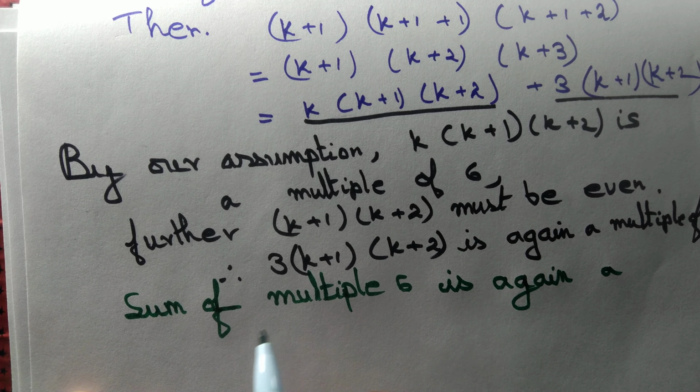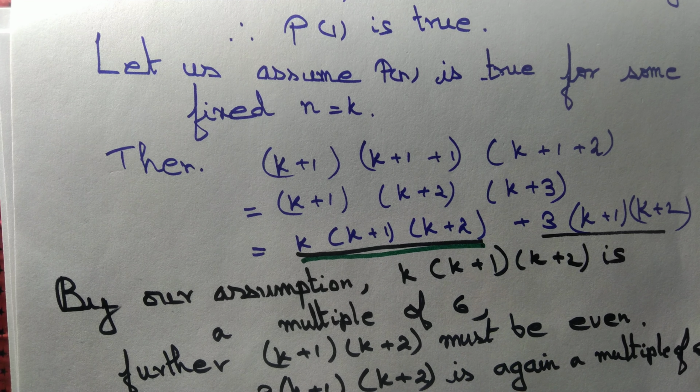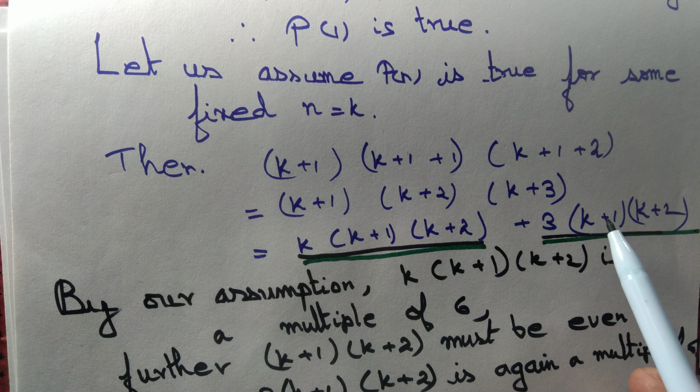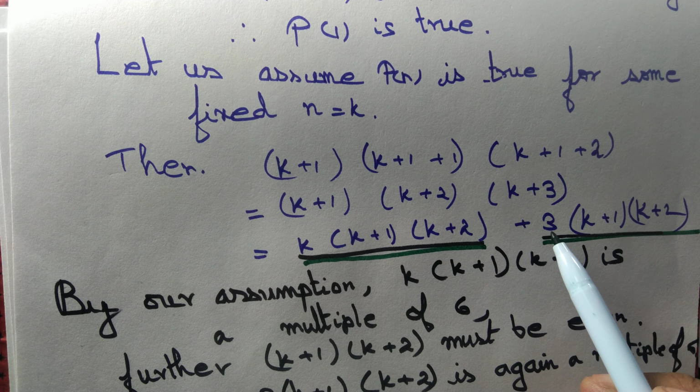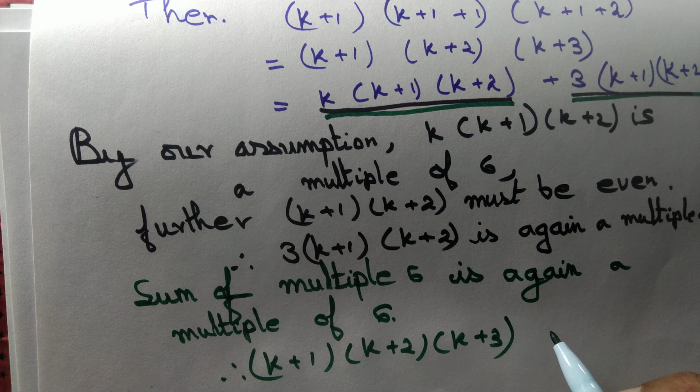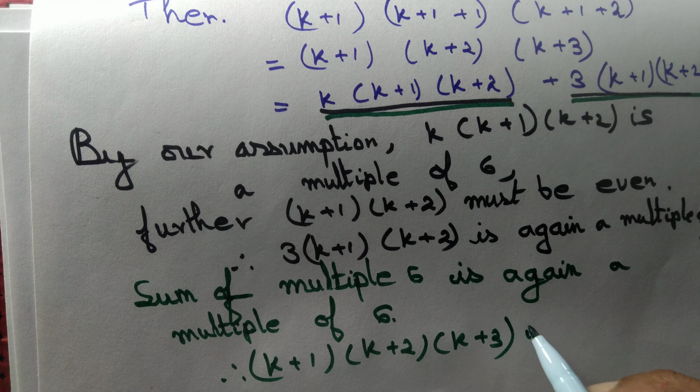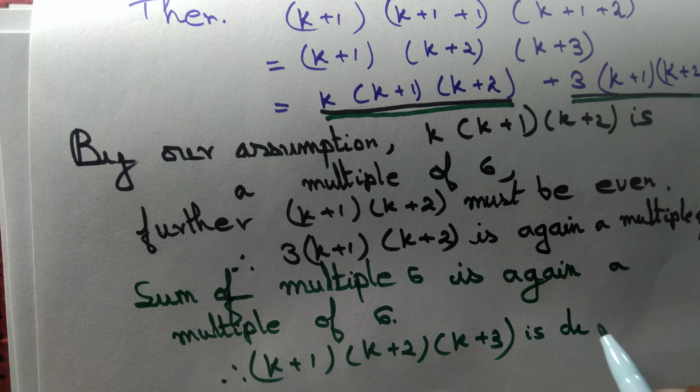Once again, this is a multiple of 6 by our induction assumption. This is a multiple of 6 because k plus 1 into k plus 2 is even, and 3 is a multiple of 3. Therefore, k plus 1 into k plus 2 into k plus 3, since sum of multiples of 6 is again a multiple of 6, is a multiple of 6, in other words, is divisible by 6.